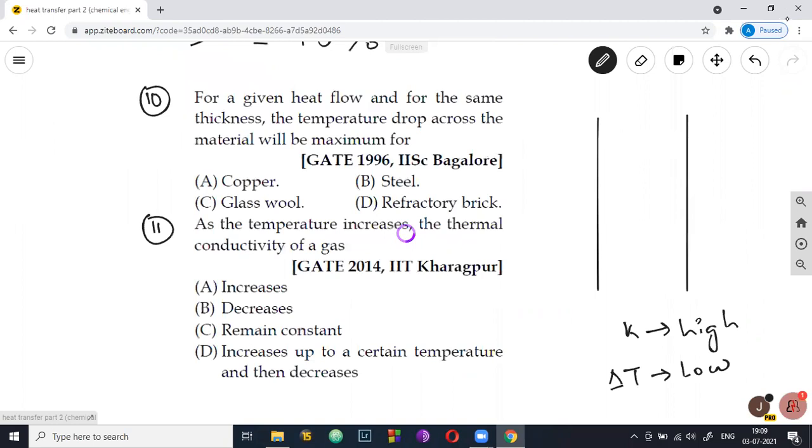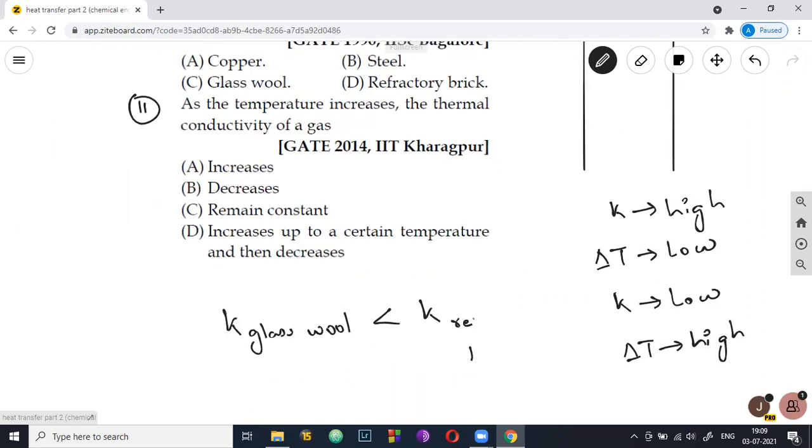So which material has the lowest thermal conductivity? Glass wool. So the answer is option C.